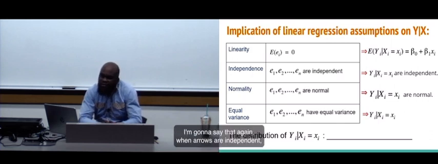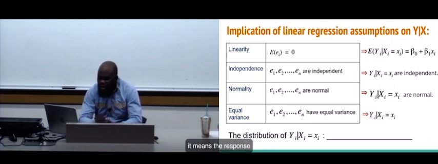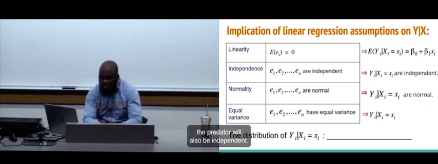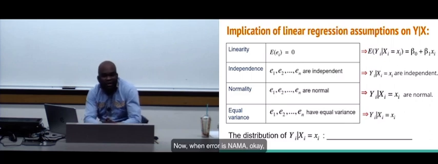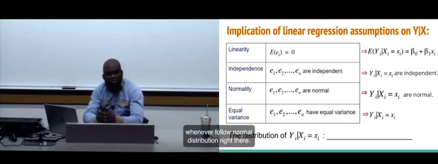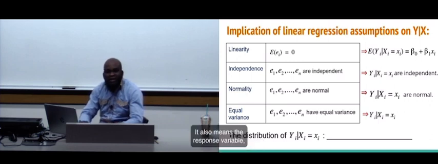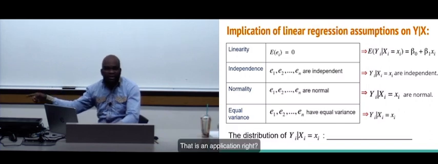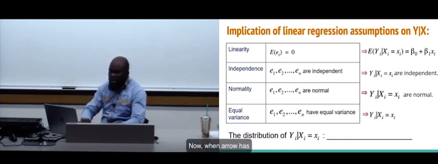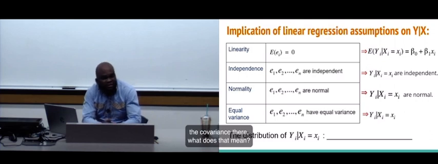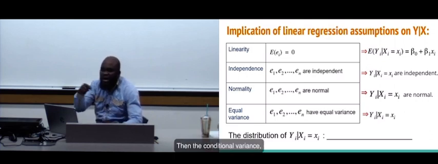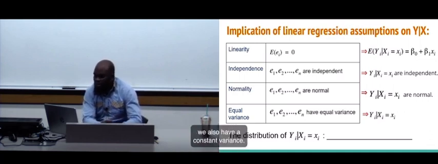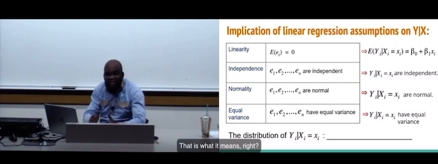I'm going to say that again. When errors are independent, the response given any values of the predictor will also be independent. Now, when errors follow a normal distribution, what is the implication? It also means the response variable given any predictor will also be normal. That is an implication, right? Now, when error has equal variance, the conditional variance of the response given the predictor will also be constant. That is what it means.